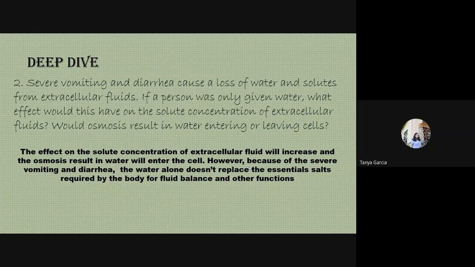Our answer is the solute concentration of extracellular fluid will decrease and osmosis will result in water entering the cell. However, because of the severe vomiting and diarrhea, the water alone doesn't replace the essential salts required by the body for fluid balance and other functions.